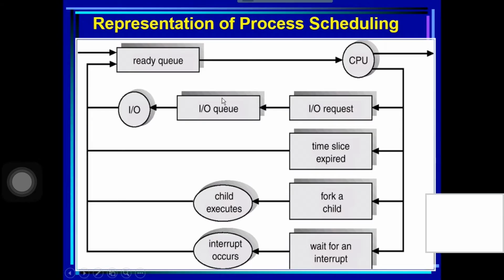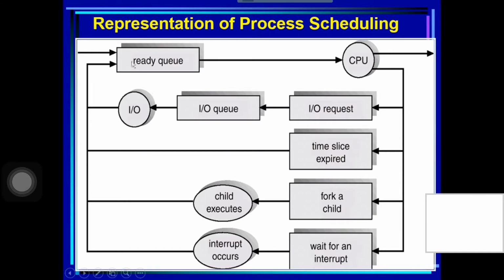We have the waiting queue and we have the ready queue. And the circles represent the resources that serve the queues. Okay, this circle. And the arrows indicate the flow of processes in the system.